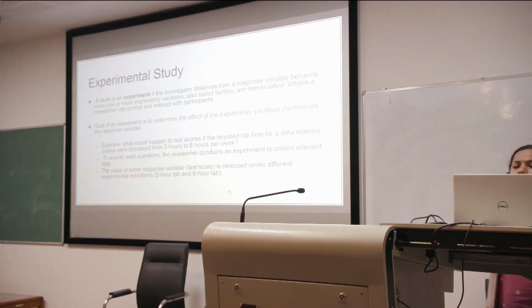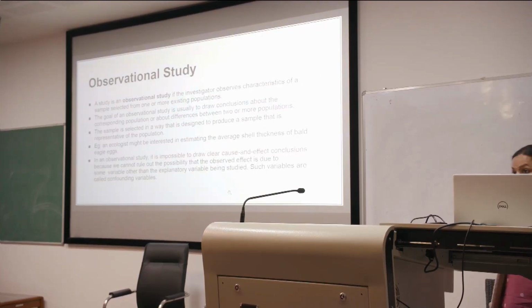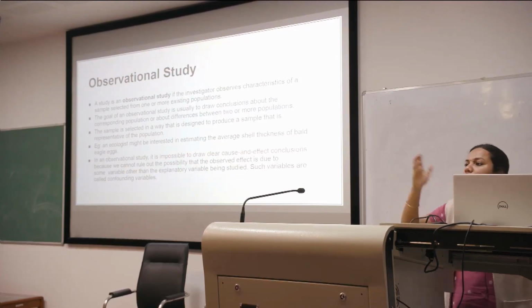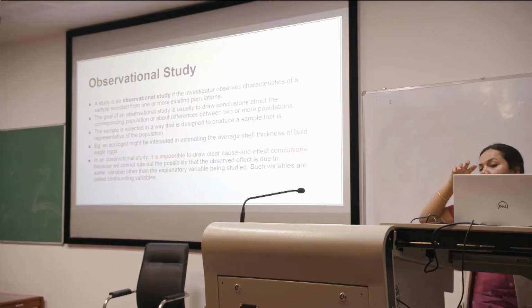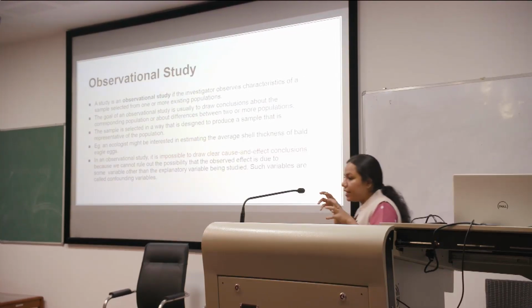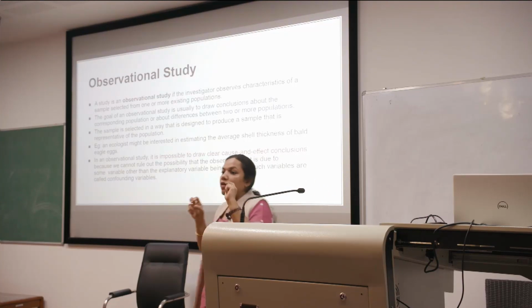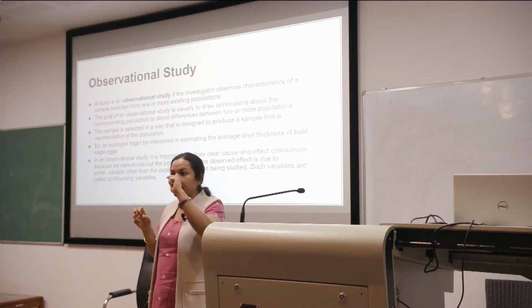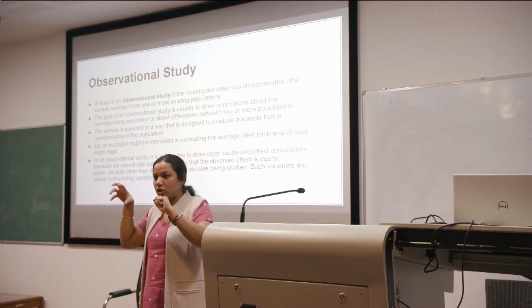The drawback of this observational study is that it is impossible to draw a clear cause and effect. In madam's case, when you do an observational study, we cannot say which factor is affecting a lot or has some impact on this study.